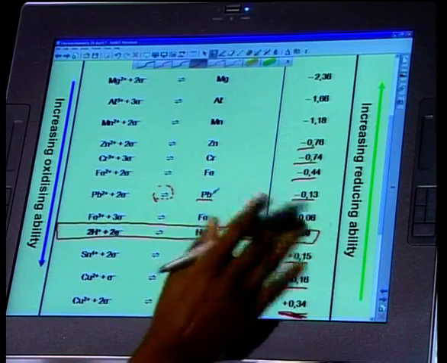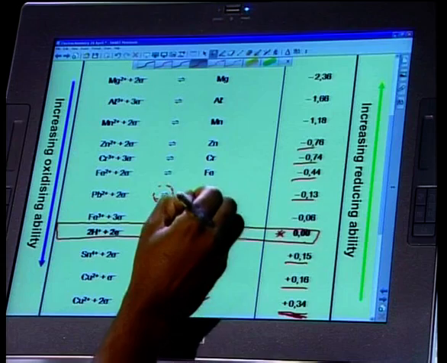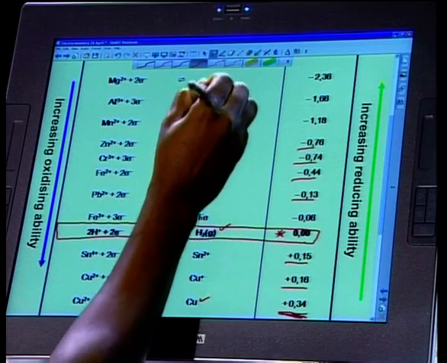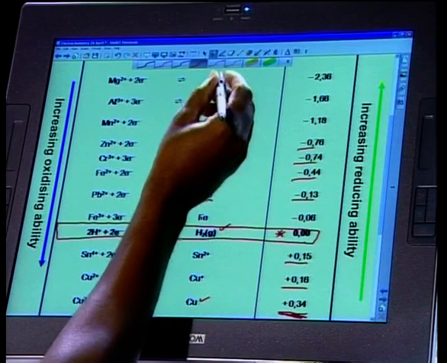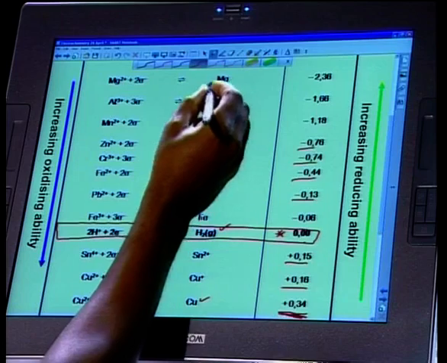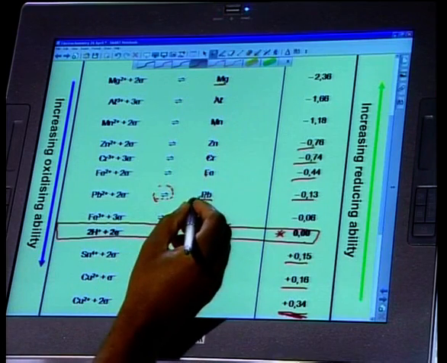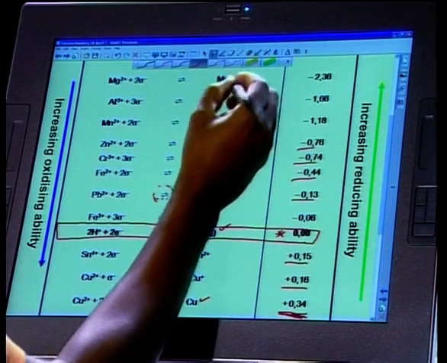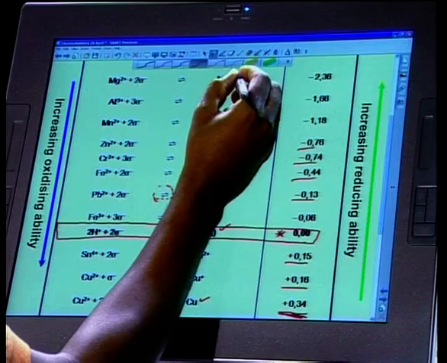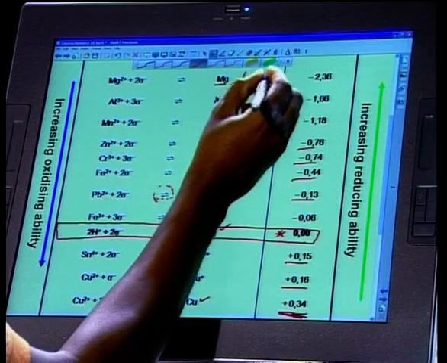Increasing ability refers to these entities here. So their reducing ability increases as you go up the table. So this means that magnesium is more able to reduce than lead. In other words, magnesium is more readily able to lose electrons.